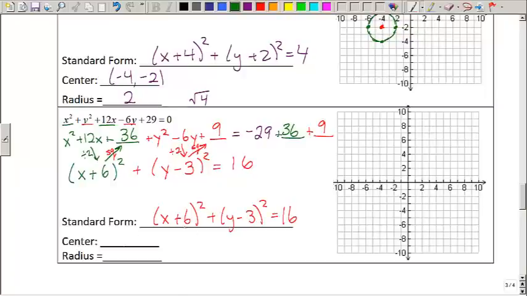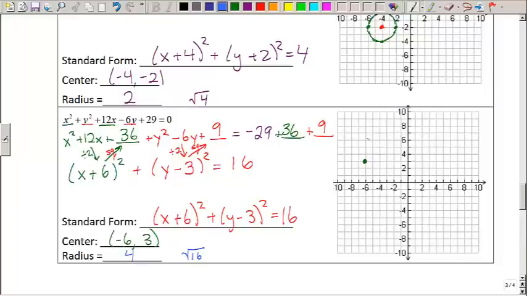My center is the opposite of positive 6, or negative 6, comma the opposite of negative 3, which is positive 3. I can go ahead and plot those at negative 6 comma positive 3. My radius is the square root of r squared being 16, and the square root of 16 is 4.